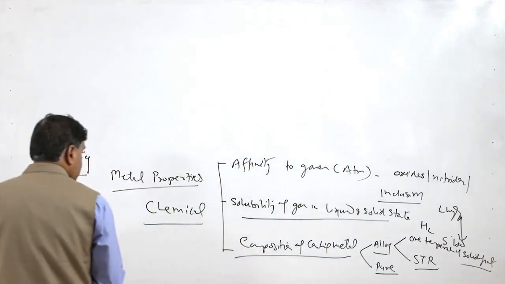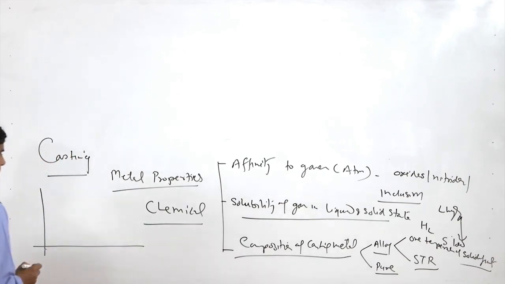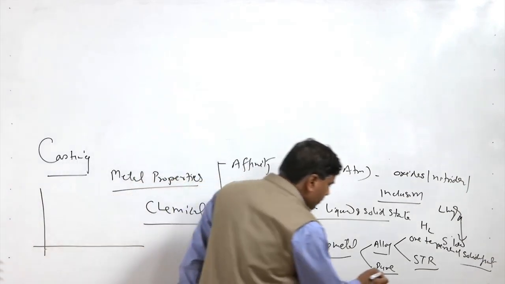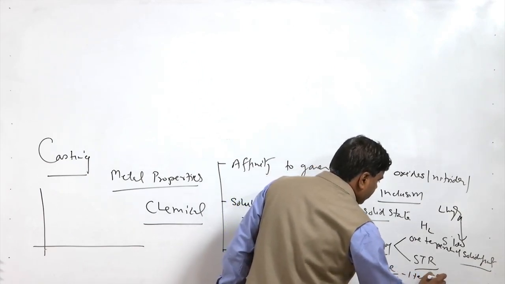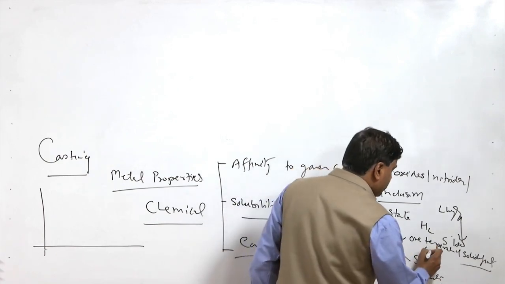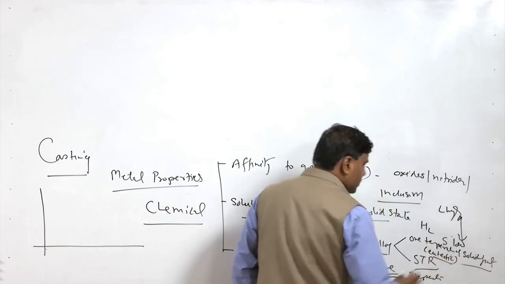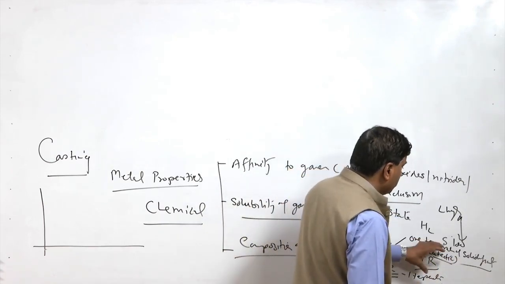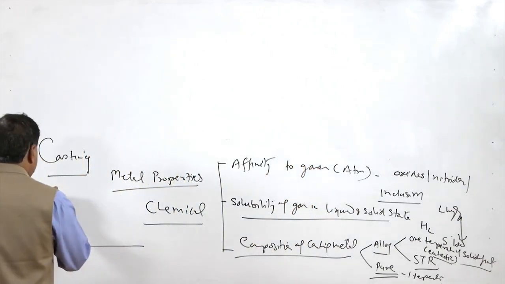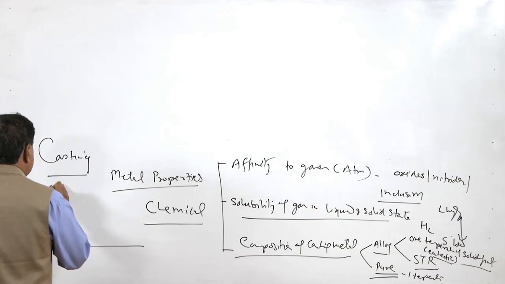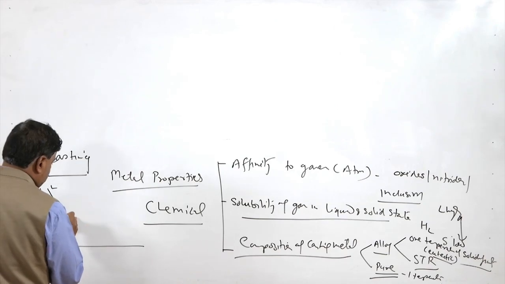In this case, pure metals solidify at one temperature, and the alloy of the eutectic composition also solidifies at one temperature. Both of them fall in the same category. Say this is the liquid metal, there is a drop in temperature, and here the solidification starts with nucleation and then growth.